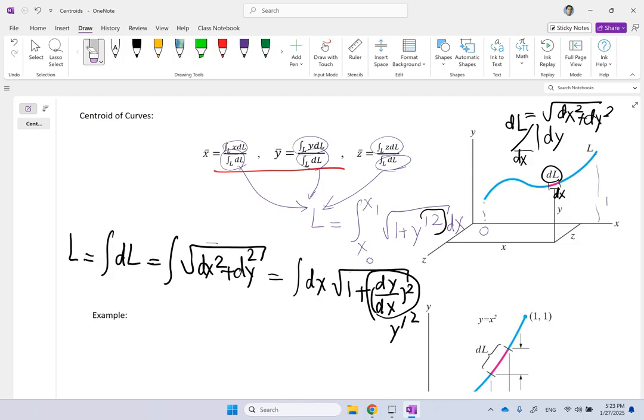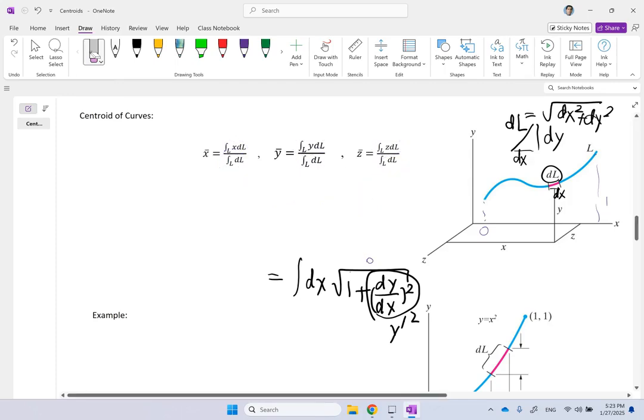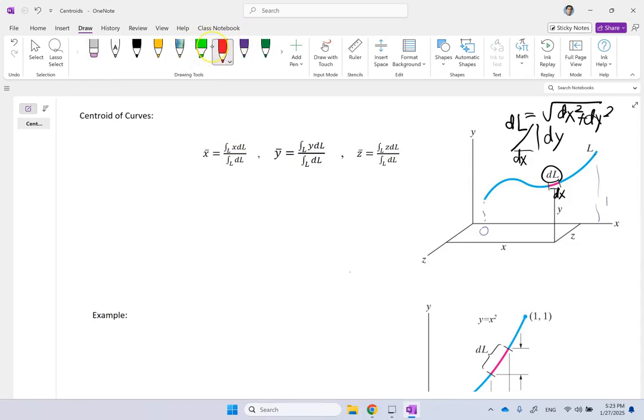Okay? Now in 3D, can I have anything? Sure. In 3D, what you need is a parametric curve, right? So let's say x, y, and z are all functions of some parameter theta in that case. So this is x of theta, y is y of theta, and z is z of theta, and theta is the parameter of the curve.